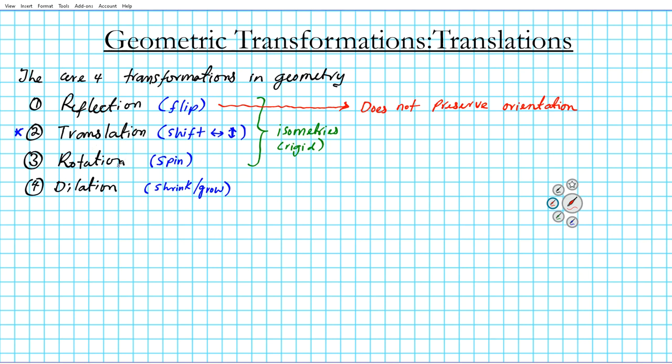Whereas when you have a translation, rotation, or dilation, the orientation remains preserved, okay? So orientation is not preserved with the reflection, but for these, orientation is preserved. So just a side point to keep in mind, all right?